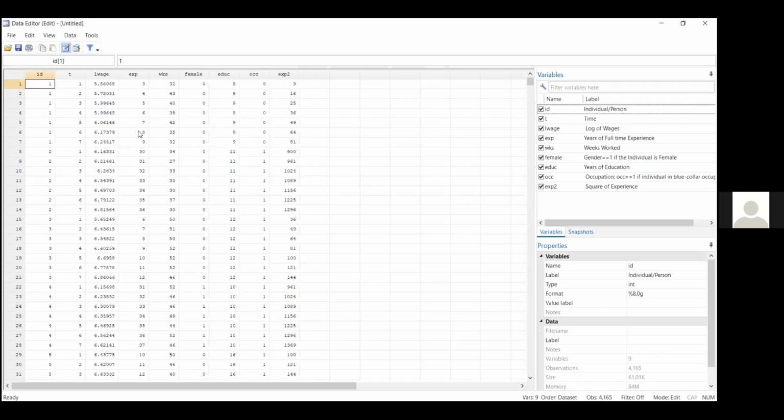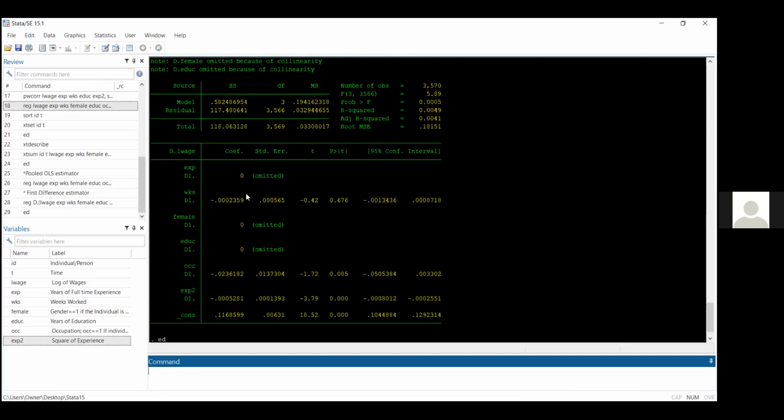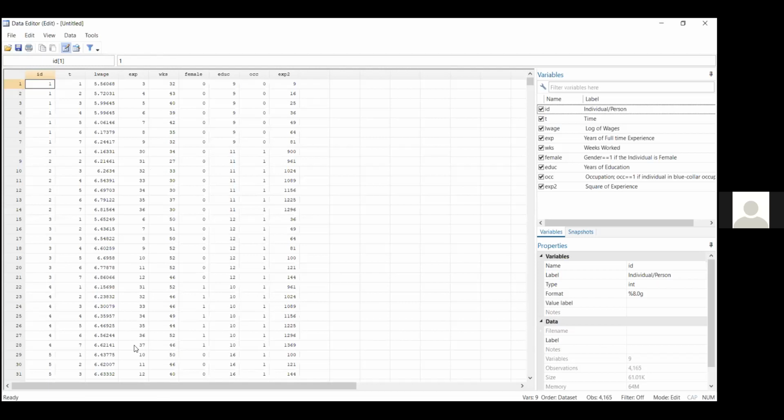Which other variable? Experience. Was it experience? I think it was experience, yes. Experience was also dropped when you difference. It looks like if we went and observed the experience for all the individuals up to down, you would find an individual who had a constant score, and when differenced it goes to 0.